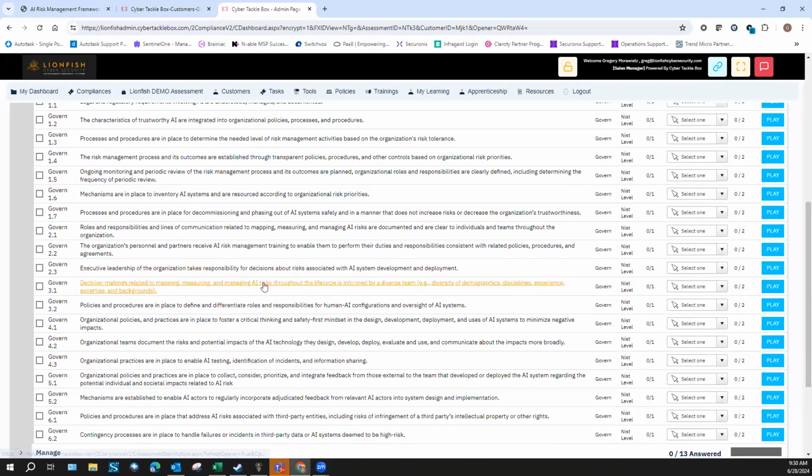Roles and responsibilities and lines of communication related to mapping, measuring, and managing AI risks are documented and are clear to individuals and teams throughout the organization. So this particular product can identify roles and responsibilities, and it can hold documents that will allow you to understand what teams and organizations need to be doing.